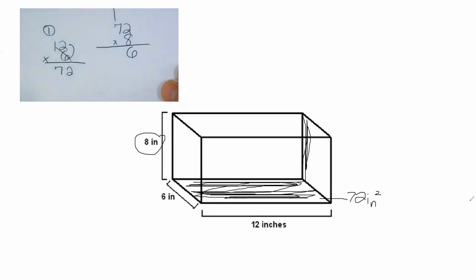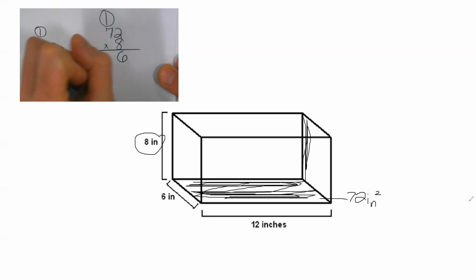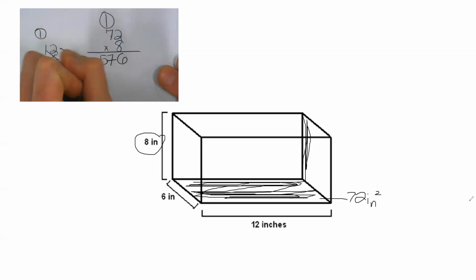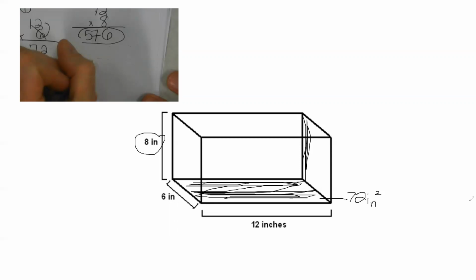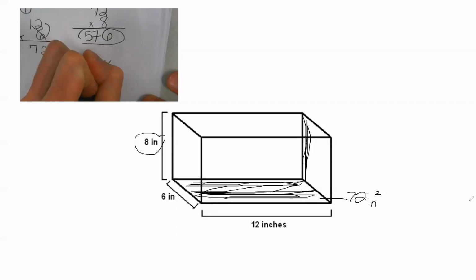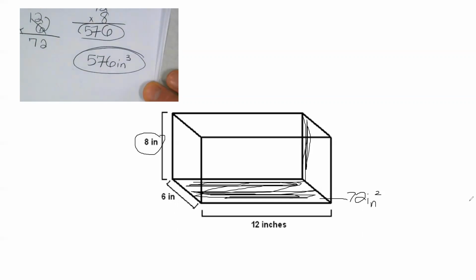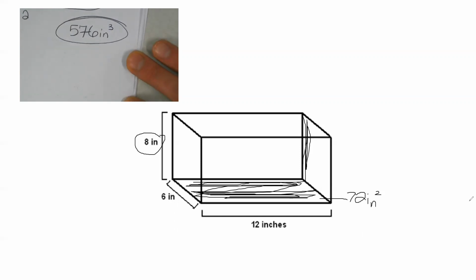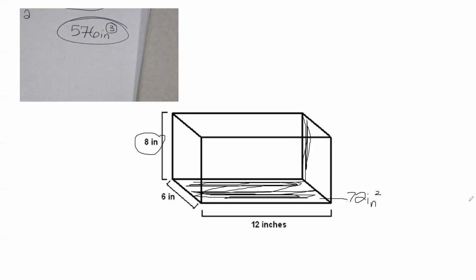And then 7 times 8 is 56. 56 plus 1 is 57. So therefore, my answer is 576 inches to the 3rd power, which just means inches cubed. All this means is it's 3-dimensional, it's a volume. It doesn't mean that you have to multiply that by itself 3 times.